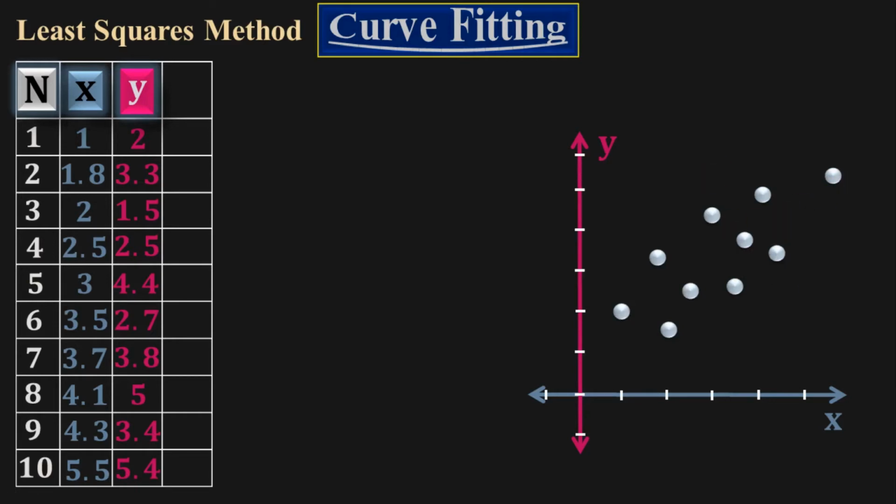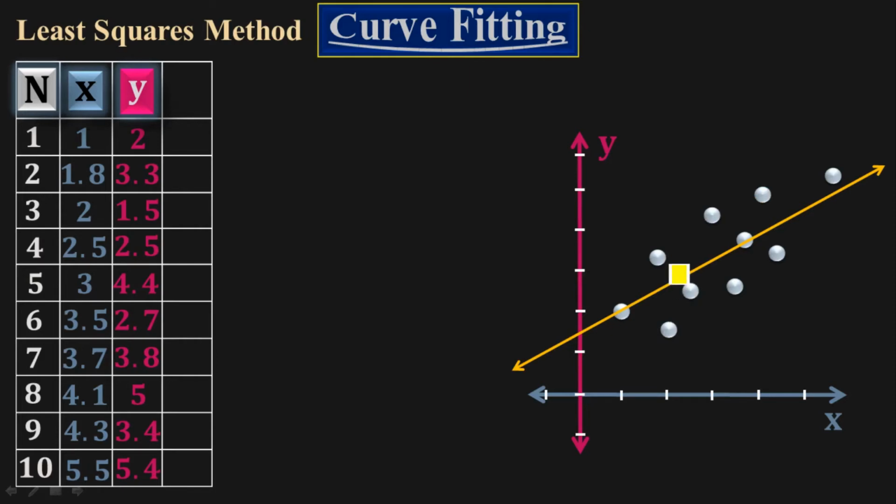If I try this curve here, it's a bit unfair, because look, we have 1, 2, 3, 4, and 1, 2, 3, 4. We have 4 points above this curve and 4 points below this curve. But when you compare these 4 points with these 4 points, this point is farther away from the curve.